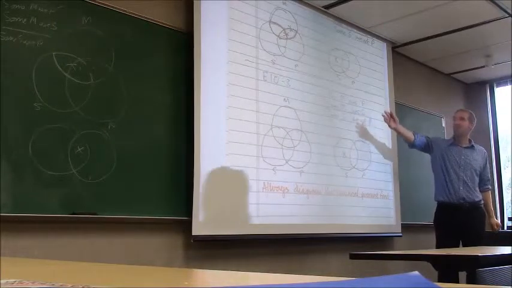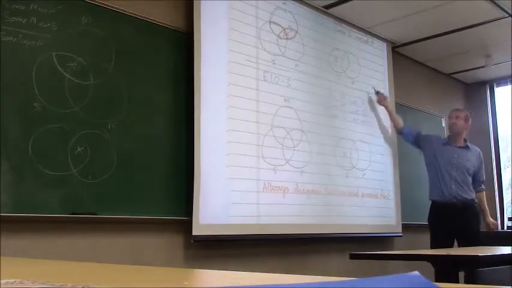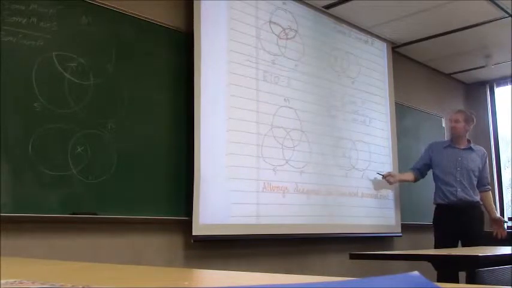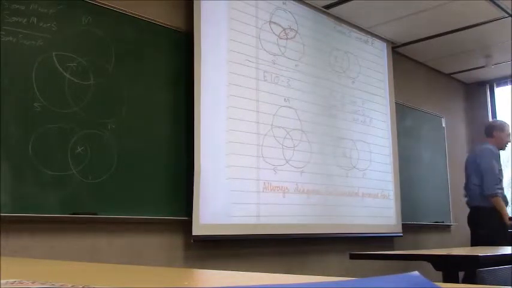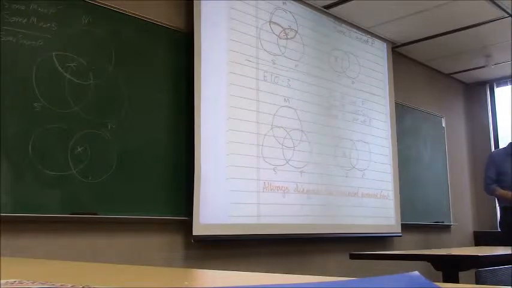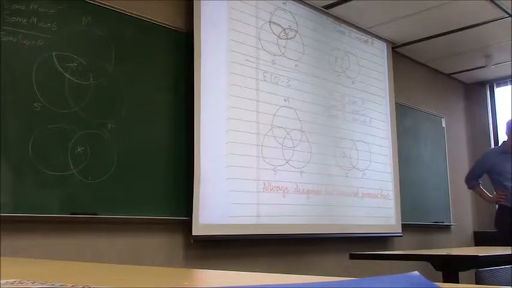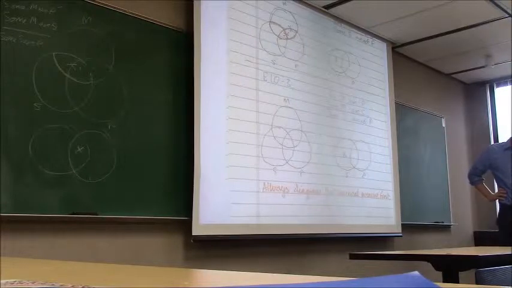If there's no universal premises, which is the ones we've just been doing, then it doesn't matter the order. The order only matters when you have a mixture, like you do here. So which premise am I going to be diagramming first, the major or the minor? Major. Let's see what happens if I do it the wrong way.